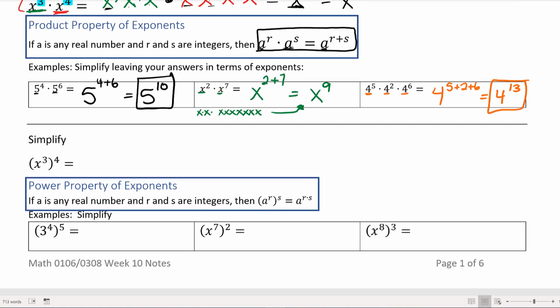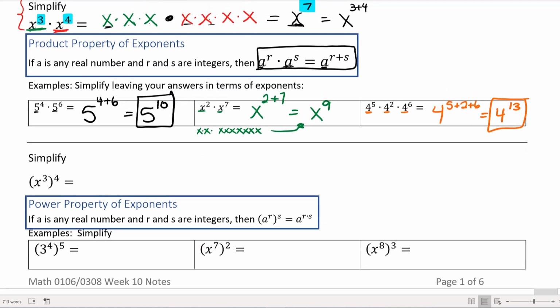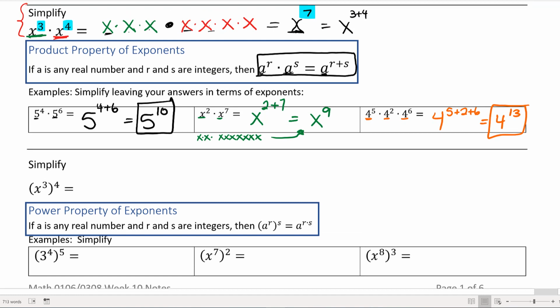In this example, we have a parentheses, and the other one we didn't, although we could have put parentheses around the last example, and that really wouldn't change much. The big difference between this example and the one before it is that this example only has one base and 2 exponents, where this one had 2 bases, x, and 2 exponents. So that is very different.